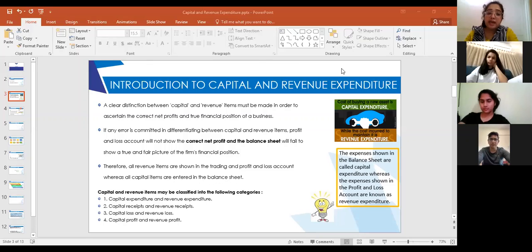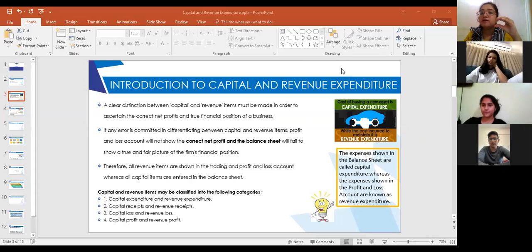I said, if there is any error committed in differentiating between capital and revenue items, then I'm not going to get a true picture. In the profit and loss account, what will come? Revenue expenses. Say I have incurred some repair expense. I have given salary to someone. I have spent money on wages. I have given rent.